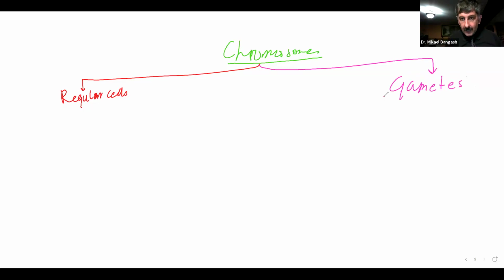What we mainly mean by gametes, we also can call the reproductive cells, which in case of a male, it's the sperm. And in case of a female, it's going to be the ova, or what we also call egg.